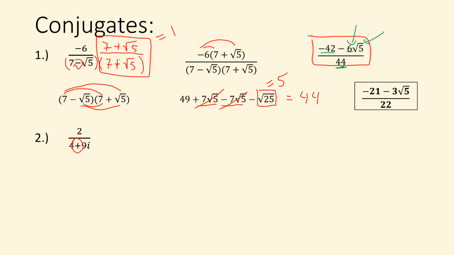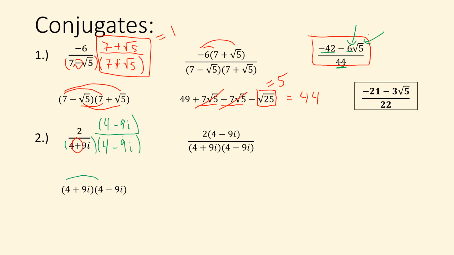Number 2, we're going to do the same exact thing. So the conjugate of 4 plus 9i is 4 minus 9i, top and bottom. All right, FOIL it out. First, outside, inside, last. When we do that, the outside and the inside are opposites, so they cross each other out.